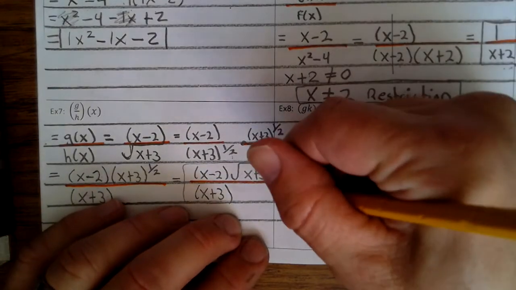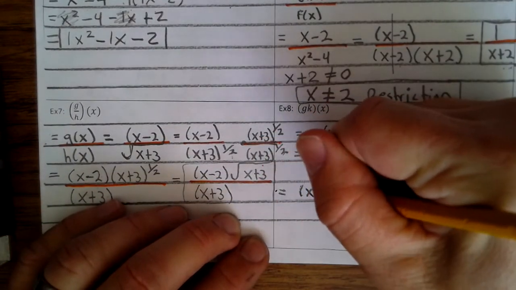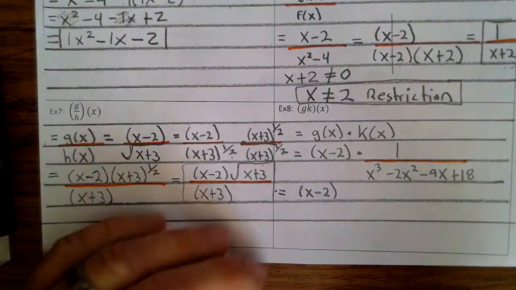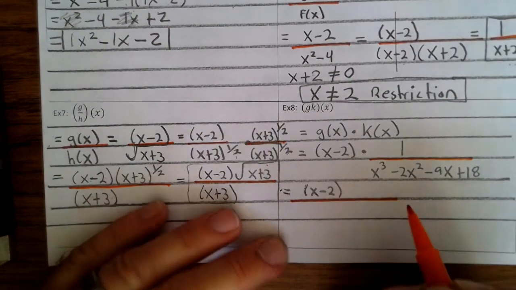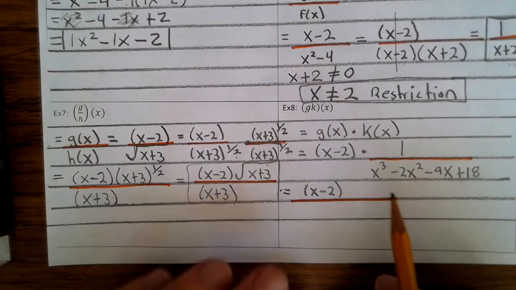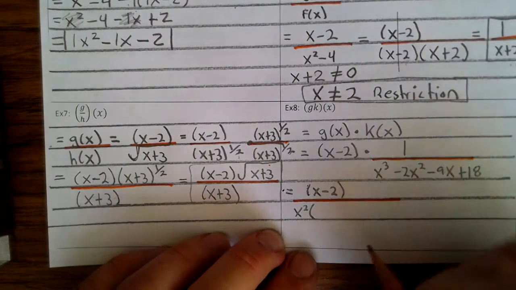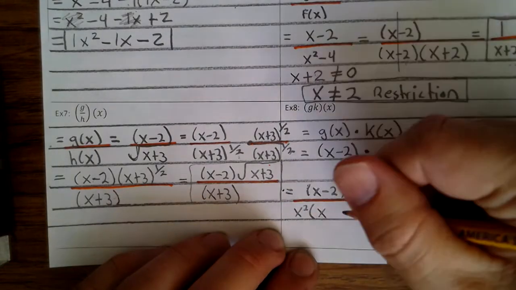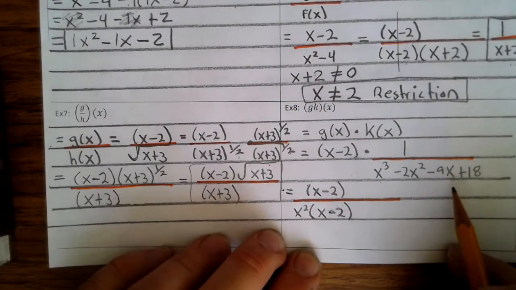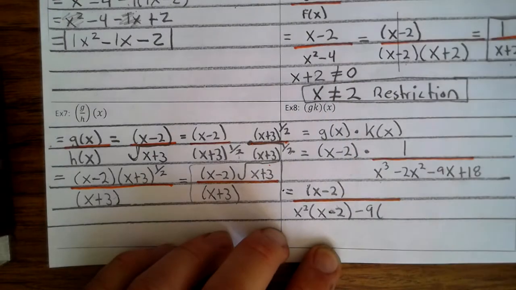So we can factor out an x squared here, which times x minus 2. We can factor out a minus 9 times x minus 2. Looks like we need one more line here for our work.